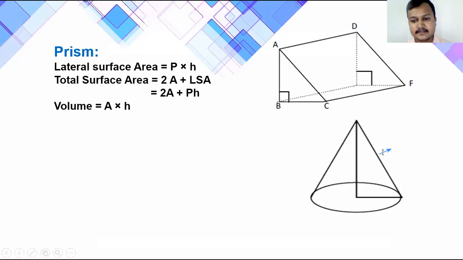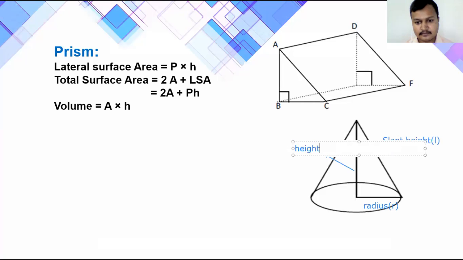This one is slant height and it is denoted by L. This one is radius and denoted by R. This vertical line represents the vertical height, or simply we can say height. It is denoted by H.